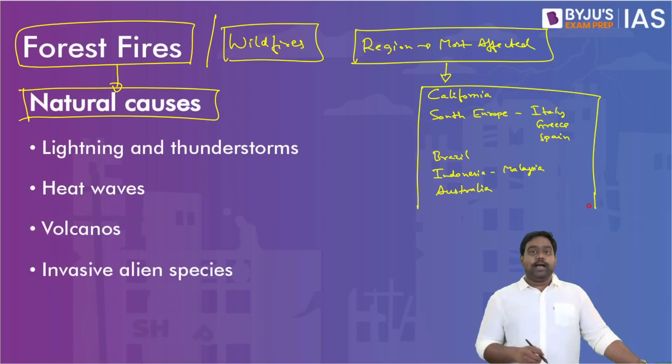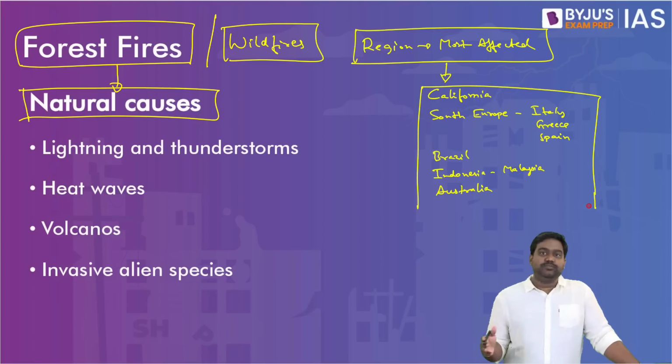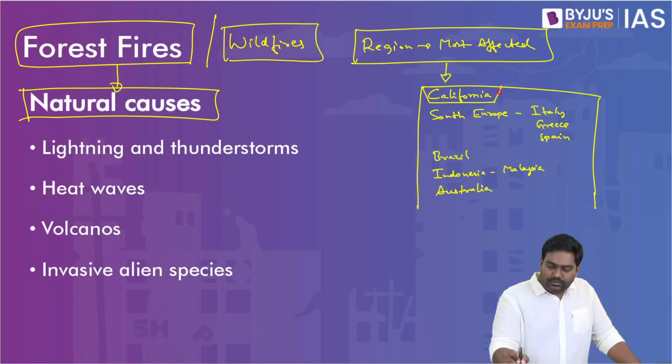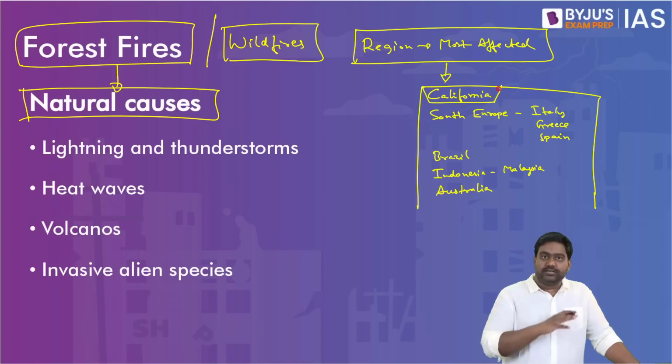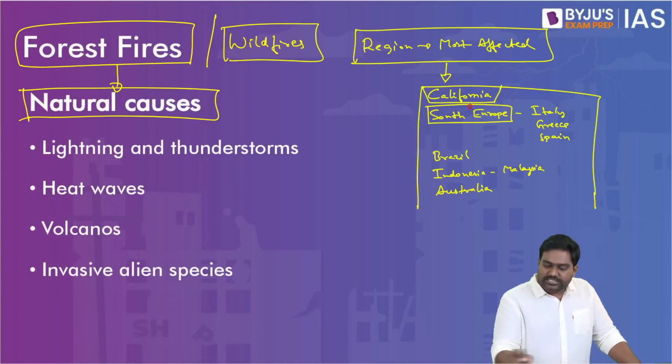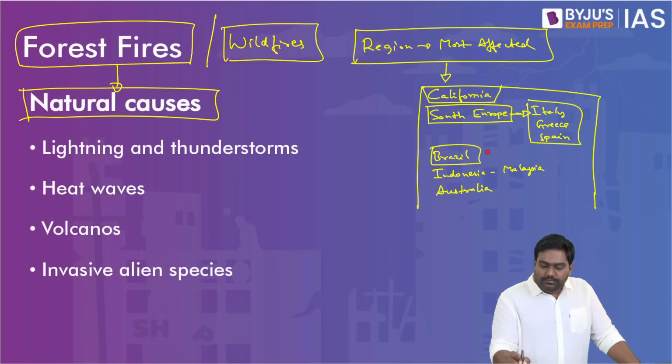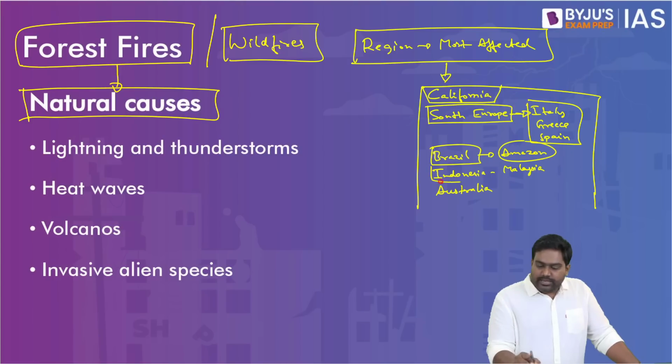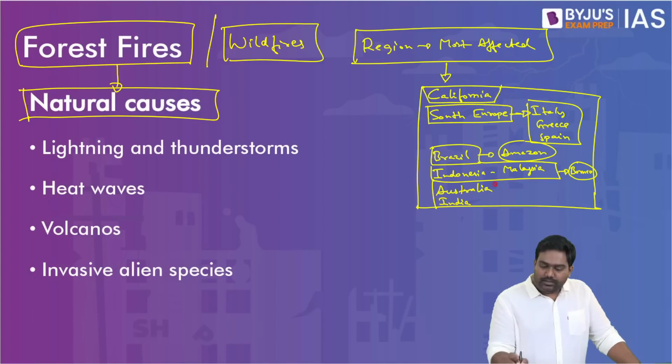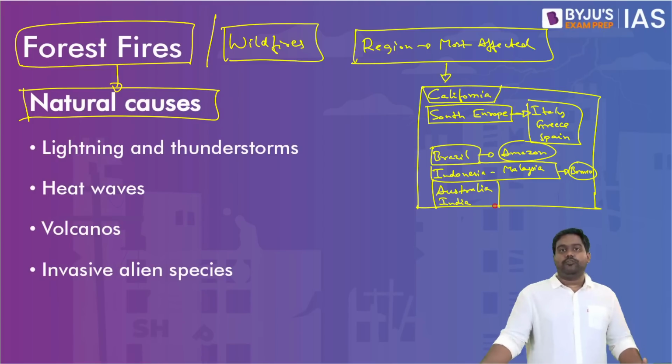In the Australian outback, there was a massive fire a few years back that destroyed Australia's biodiversity. California is a regular victim. Every year, California suffers from massive forest fires. South Europe is facing an increased risk in the last few years. Brazil, particularly in the Amazon. Then Indonesia and Malaysia in the Borneo equatorial forests. Australia, as well as India. All these countries suffer from the impact of forest fires.